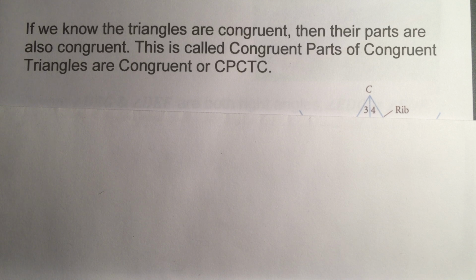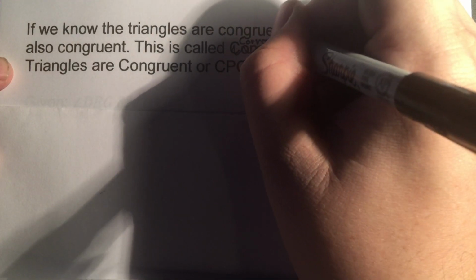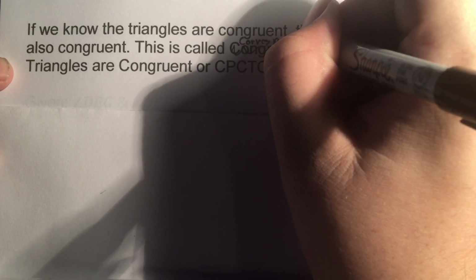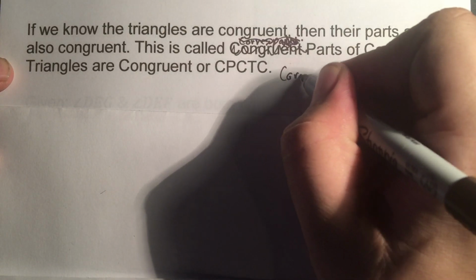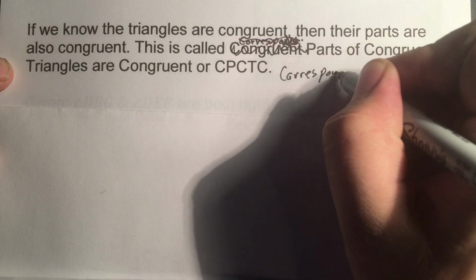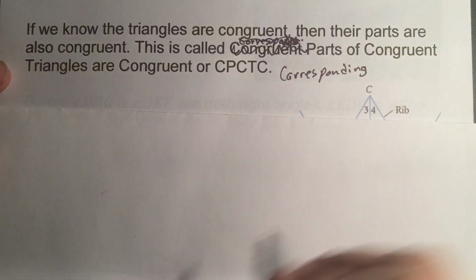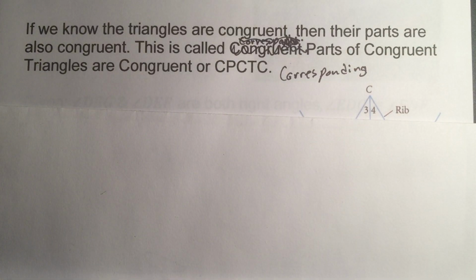Using that thought process, we get what's called corresponding parts of congruent triangles. Let me write it down here. Corresponding parts of congruent triangles are congruent. So the parts that match up.